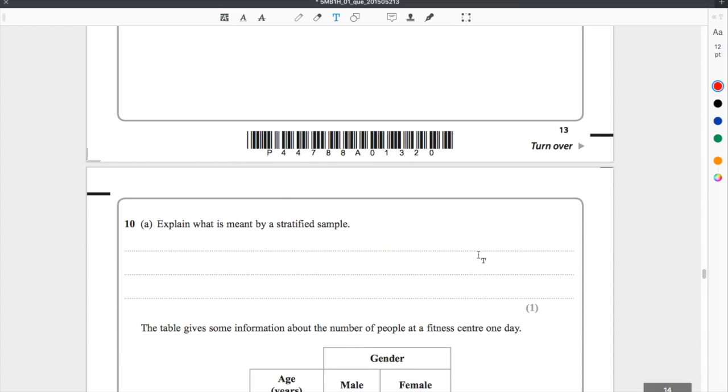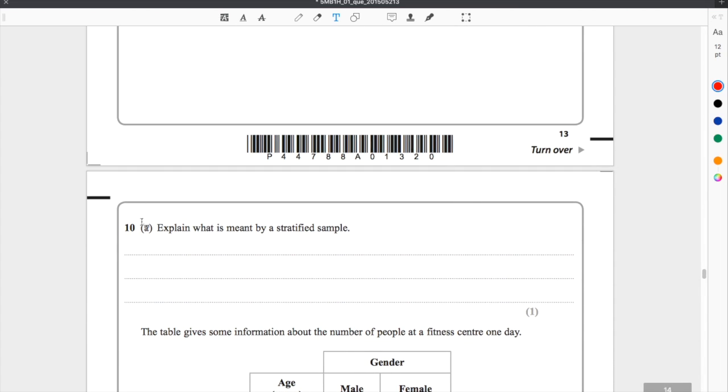So for question 10, part A, explain what is meant by a stratified sample. All this is, and this is a standard answer, a sample where the proportion of the sample is relative to the proportion in the population.